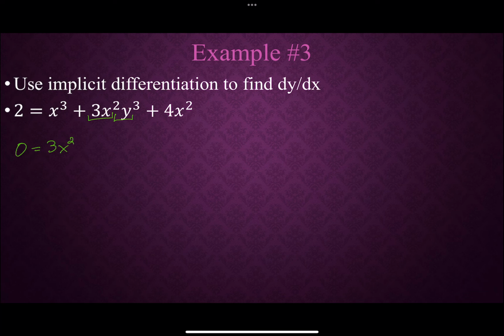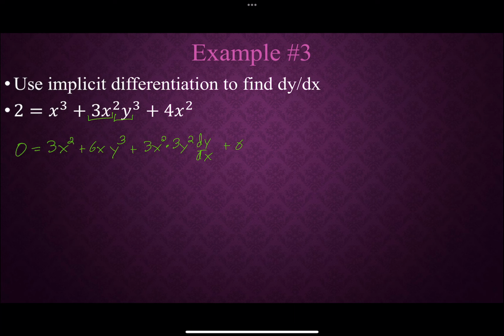So product rule tells us derivative of the first function, which would be 6x. We leave the second function alone. And because I did not take a derivative of y, I do not write a dy/dx there. The y cubed is left alone. I'm not including dy/dx. Now, plus 3x squared times 3y squared, that now gets a dy/dx term because I took a derivative of y.